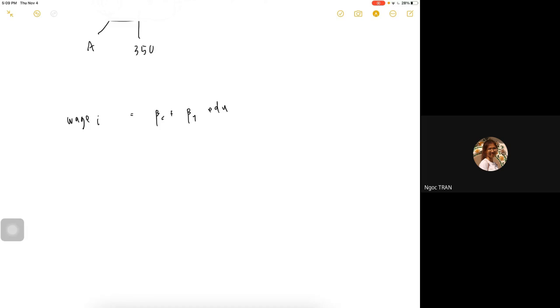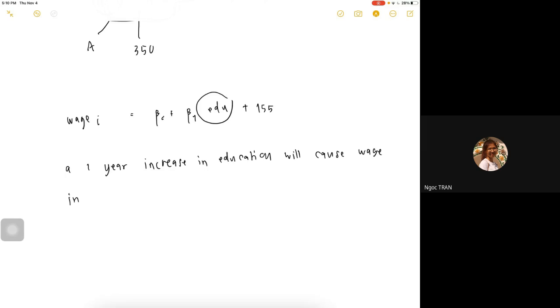For example, if we use just the number of years of education, and the beta is equal to 155, you can conclude that a 1 year increase in education, right?